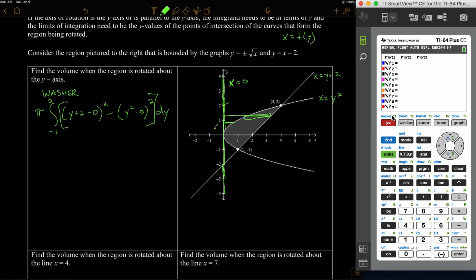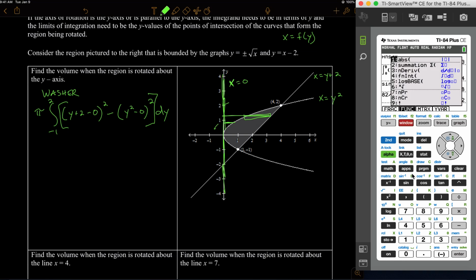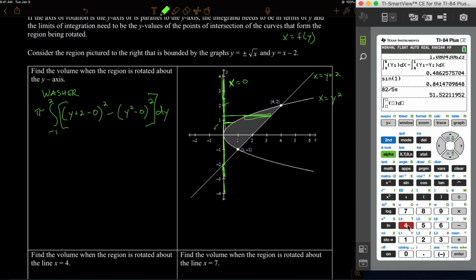So if I go into y equals, I'm putting in x plus 2, because I'm using x equals y plus 2, right? Actually, you know what? Let's not even put them into y1 and y2. It's probably just as fast to do this. We'll do f integrate. We're integrating from -1. Oh, we've got to put a pi in front of there.